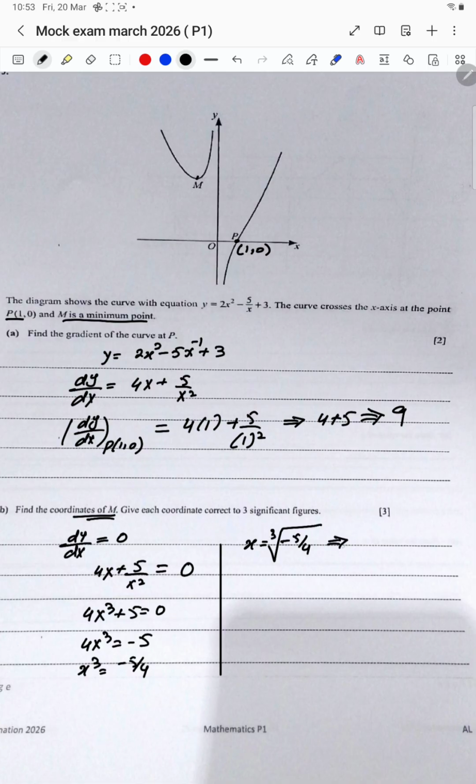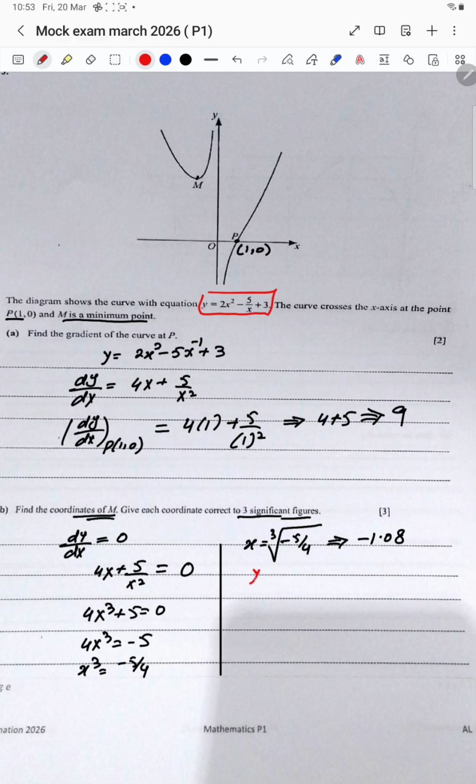In the calculator, I will get minus 1.08 up to 3 significant figures, as is mentioned in the question. Now replace this value in the original curve to get the y coordinate.